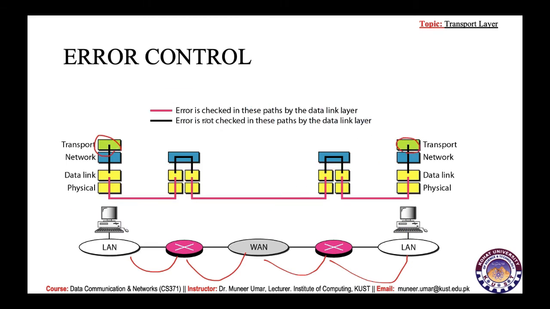So in the data link layer, errors are checked on each path from one hop to another hop, while errors are not checked at the upper layers, that is the network and transport layers. So these are done by the transport layer.